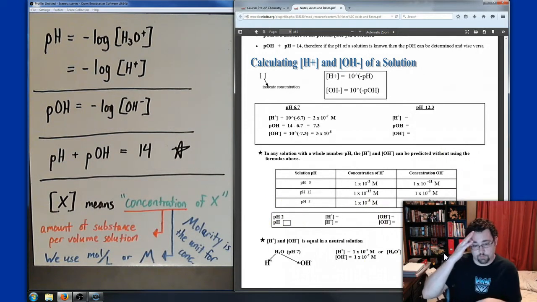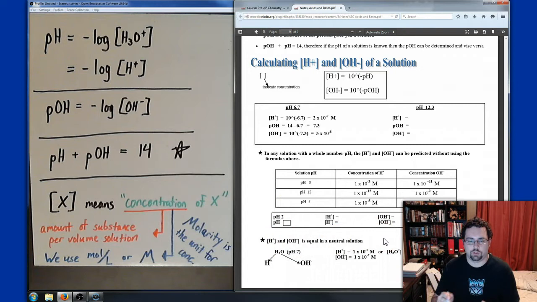Pretty straightforward. Okay? Remember, the H+ and the OH- concentration is only equal when it is exactly neutral. If the pH is 7, that means the hydrogen ion concentration and the hydroxide ion concentration are both 1 times 10 to the negative 7th. Okay?